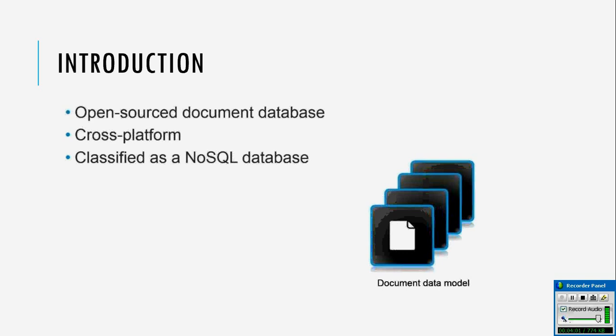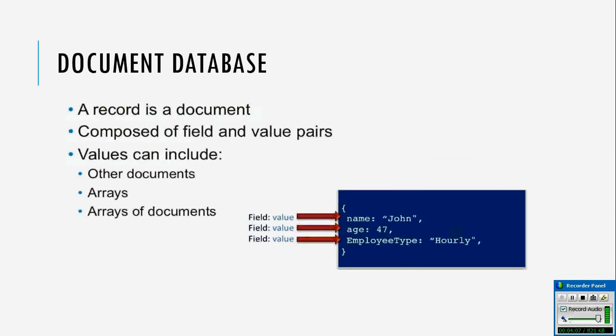Now, let me take you through an example over here, which is basically a single document. We have their name, their age, their employee type.